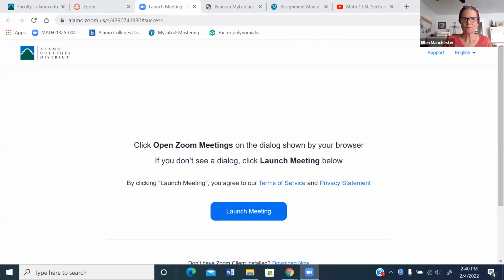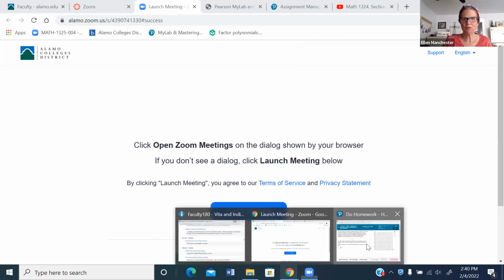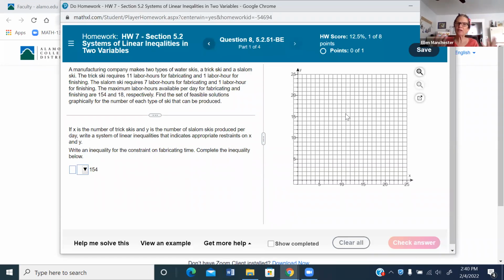So let me share my screen and get the right problem here. Okay, so this is again section 5.2, and now you have a word problem. With a word problem, the first thing is don't panic, okay? With these, you always want to set up a table, if you will.